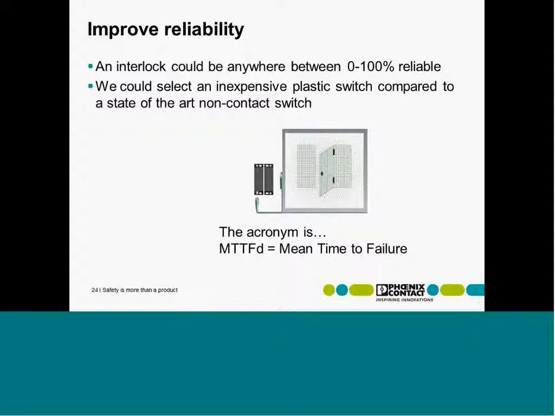In other words, it makes a difference if you have a low-cost component with very low reliability, or a good design and good engineering practice, which in many cases also guarantees a higher reliability of the product. This is expressed by the so-called mean time to failure, MTTF-D. It's an expected time where this component will not fail. It's a parameter given in years, and it is typically part of the manufacturer's data sheet or declaration.